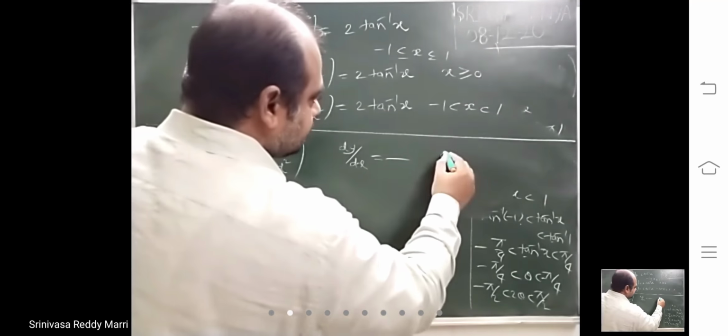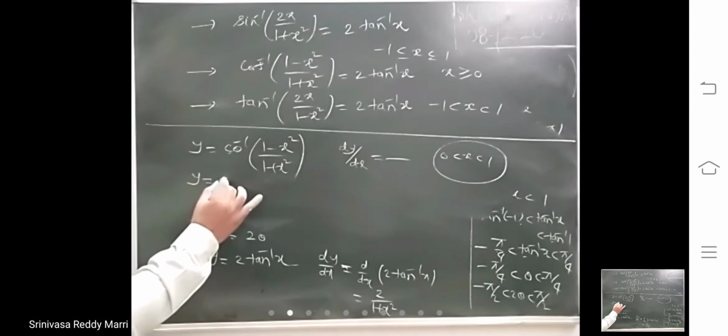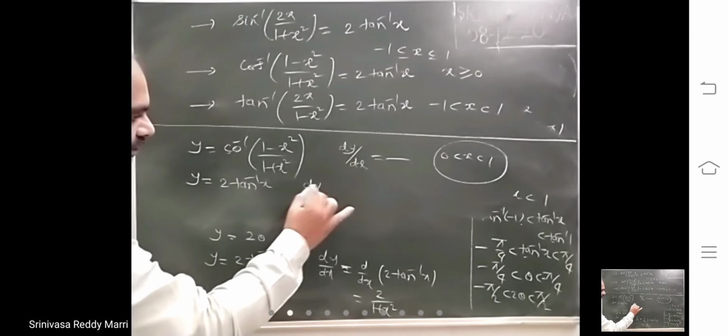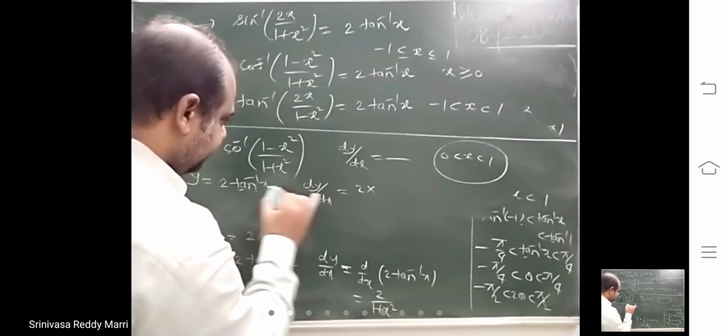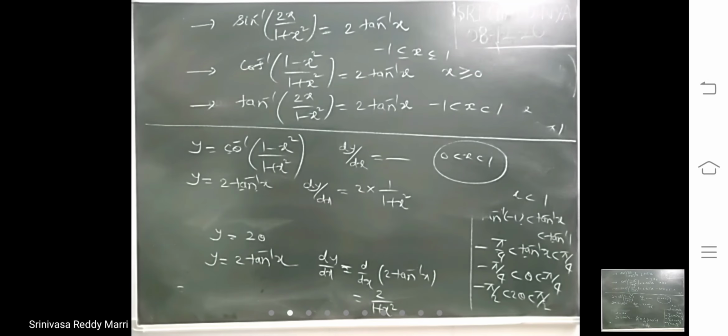Suppose x is given like this, 0 to 1. That means this function is nothing but 2 tan inverse x. Therefore, dy by dx is nothing but 2 into the derivative of tan inverse x, which is 1 by 1 plus x square, like that.